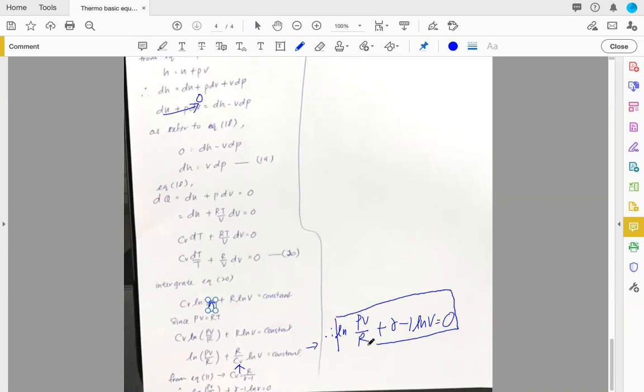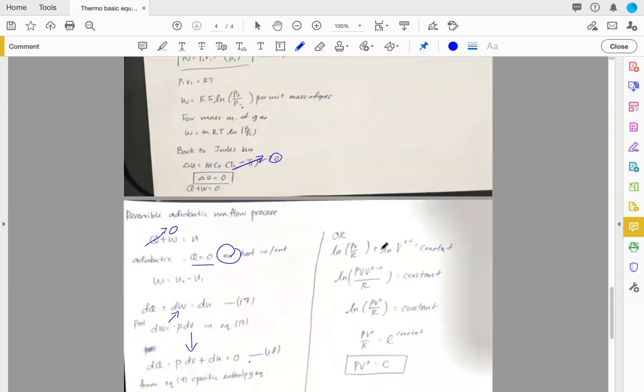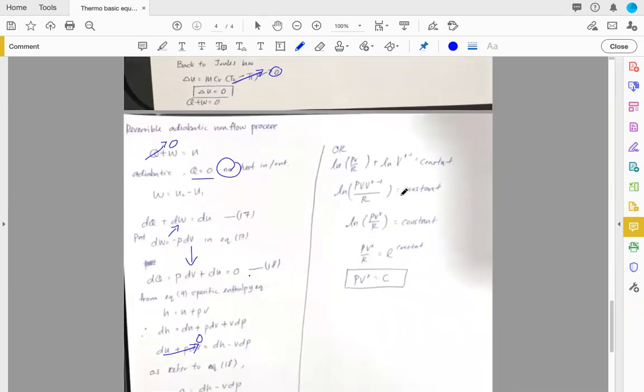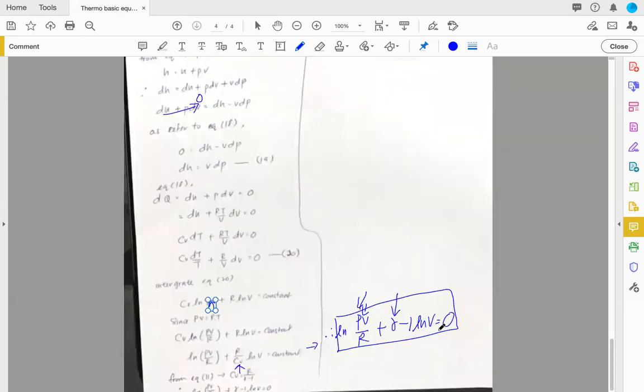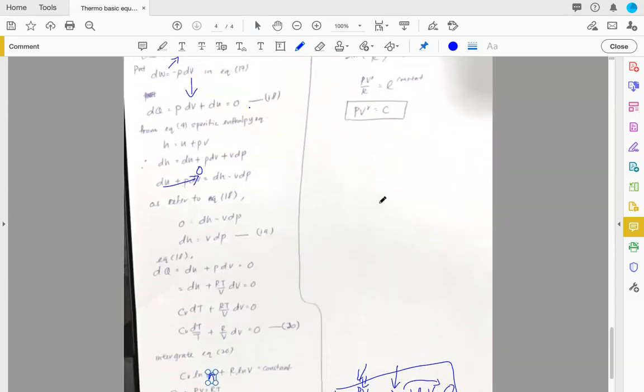So why do I explain this? Most of the time, gamma is given and it happens that you have the pressure and the volume, and you can solve the whole thing. Just now we can use this equation.